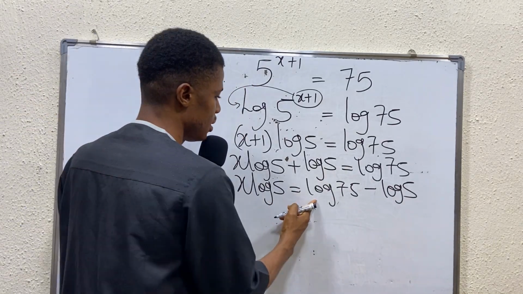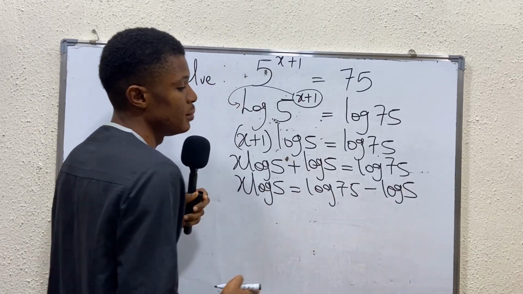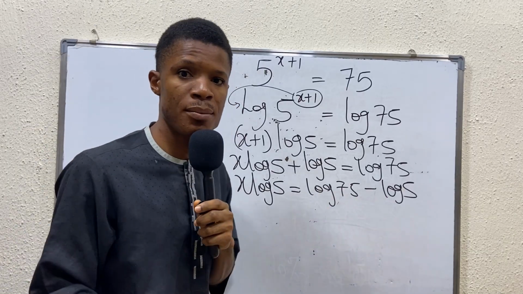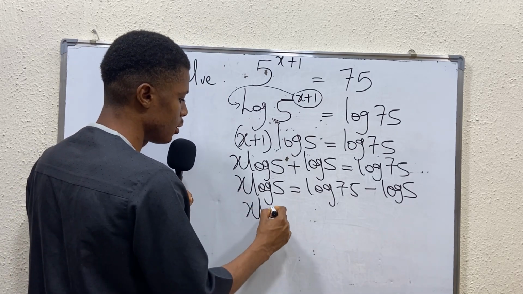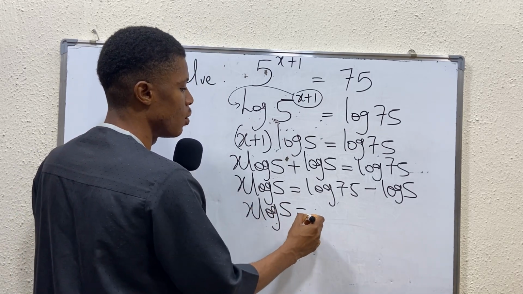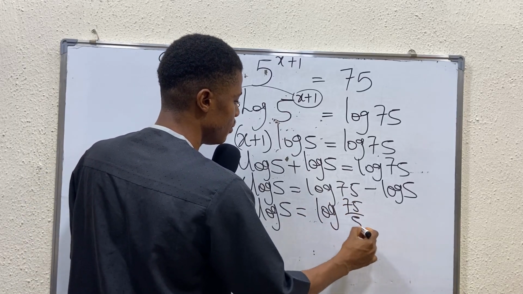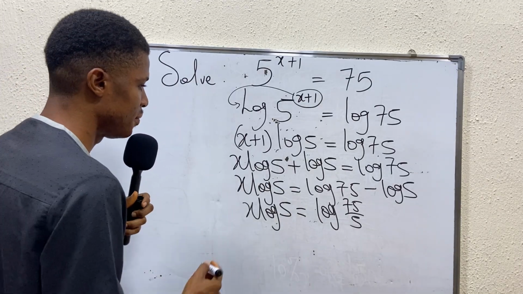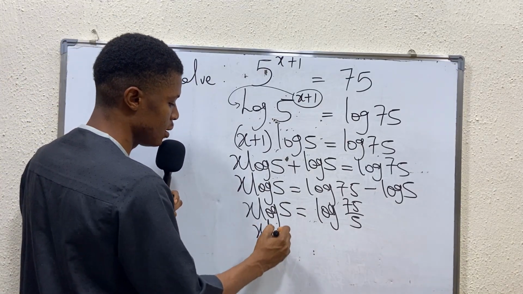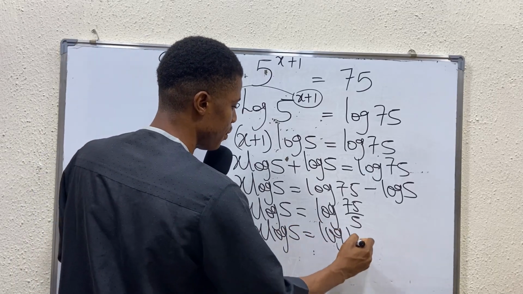You can see in the laws of logarithm that when you are subtracting logarithms in a common base, you can keep the base the same and divide the numbers in the log. So you have x log 5 is equal to log 75 over 5. 75 divided by 5 is 15, so x log 5 is equal to log 15.